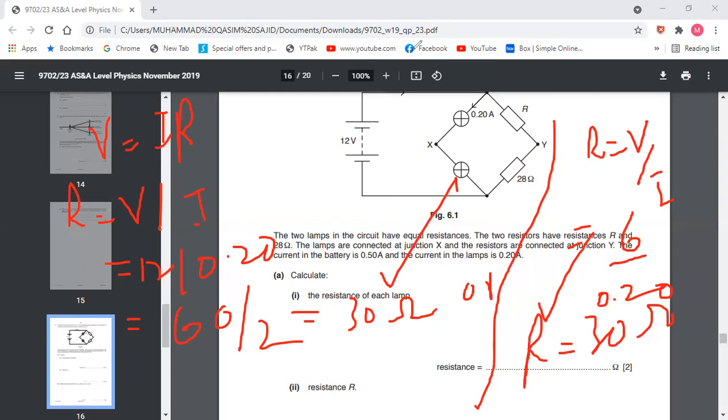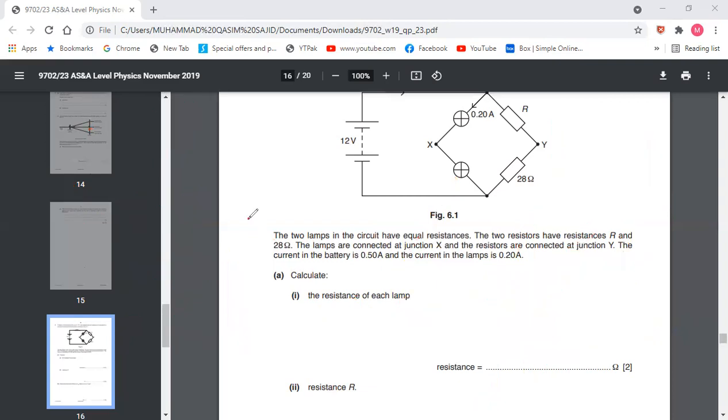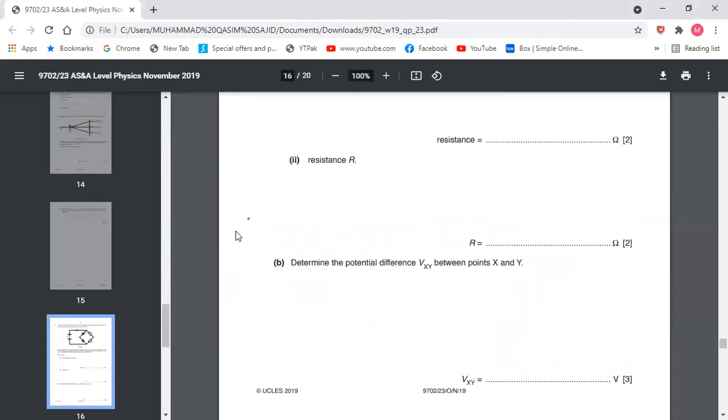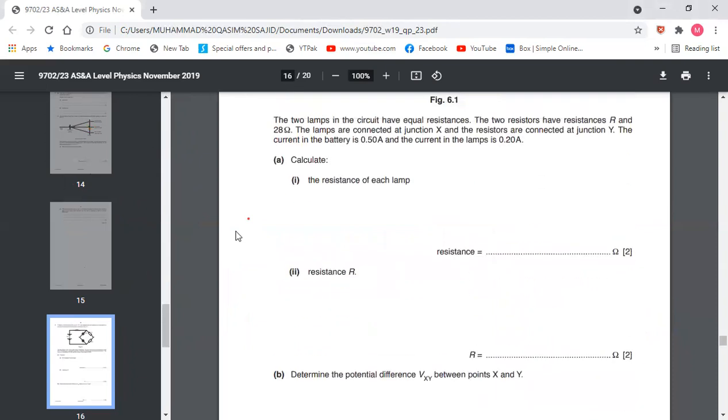Now this is the end of the question. Now for part A2, we have to find the resistance. There must be a drop in current. The total current is 0.50, and there must be a drop of 0.20, so the current will be 0.30 ampere.